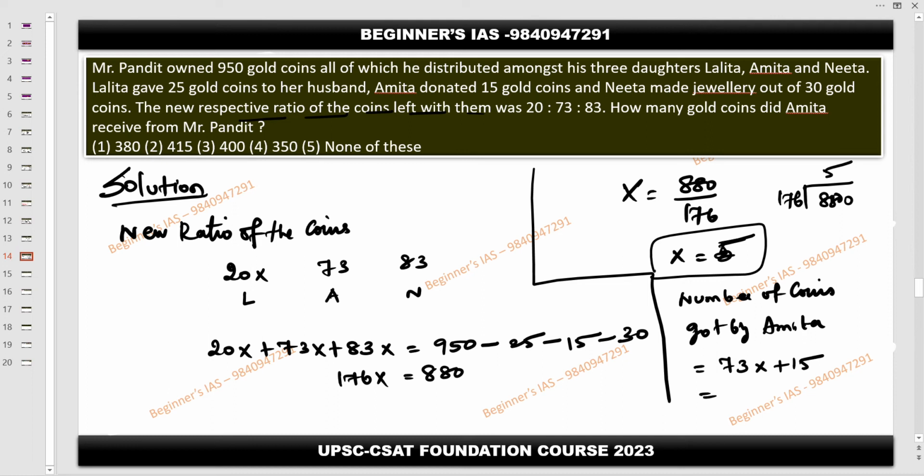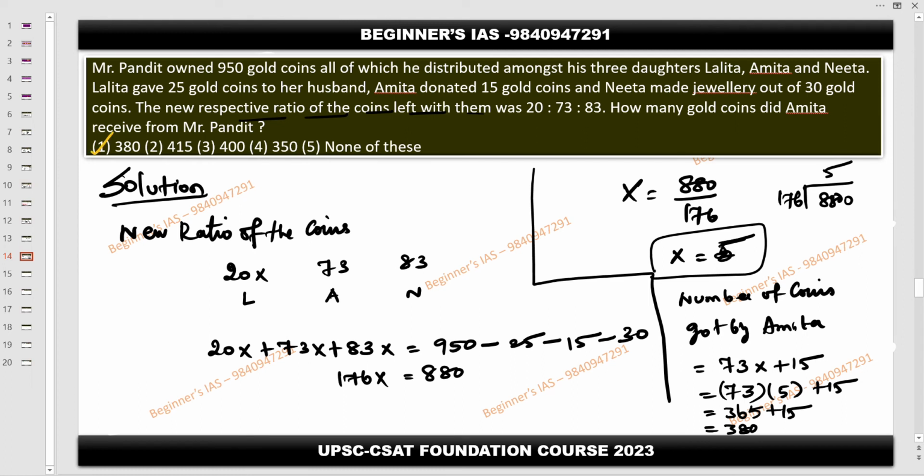So you have to be very careful here. That 15 you need to add, so that option will be there. 73 into 5 plus 15. 73 into 5 is 365, plus 15, so obviously 380. So option number A is the right answer for this question.